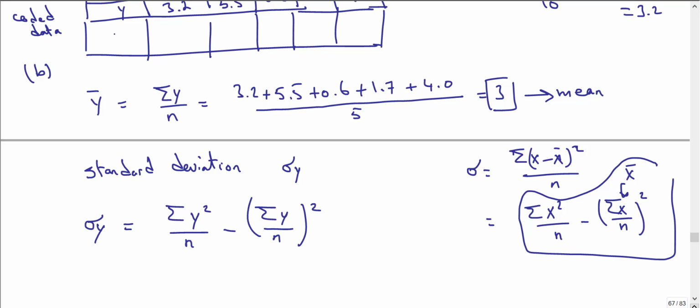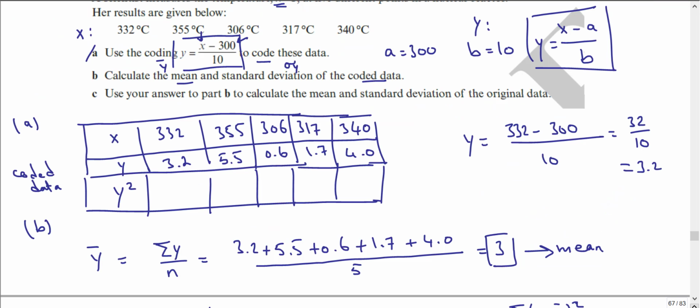So we square all the y's. You put 3.2 squared, 5.5 squared, 0.6 squared, and you find the values. I'm just writing them because I don't want to waste time calculating each one, but I'm explaining because we did this last time.